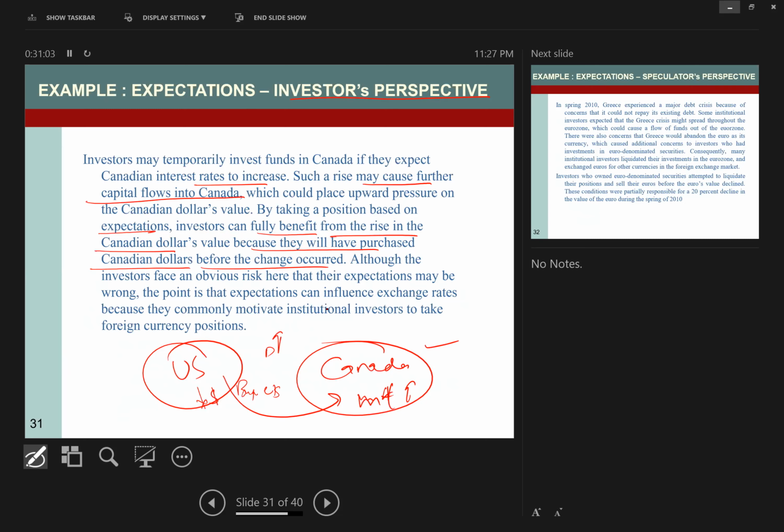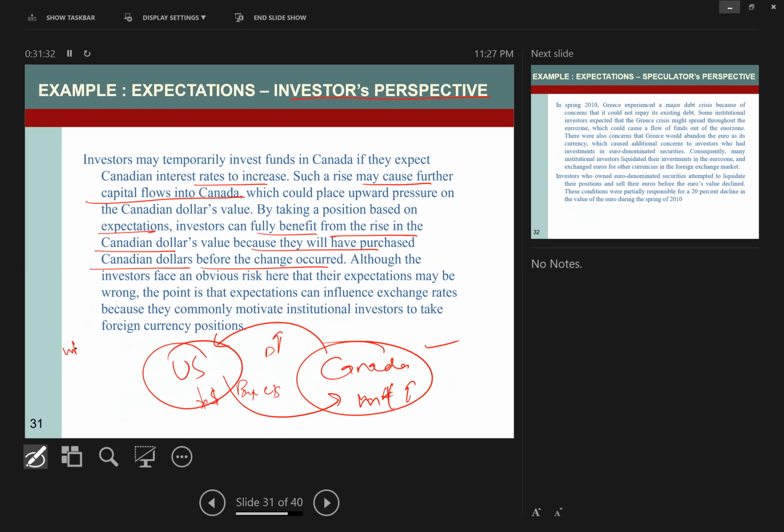In future, it's going to rise. Why? Because the Canadian central bank going to increase the interest rate. So you purchase right now, right? And when you purchase right now, the interest rate does rise. You invest those Canadian dollar into Canada and receive the interest. And when you convert back to dollar, you will get two gains.